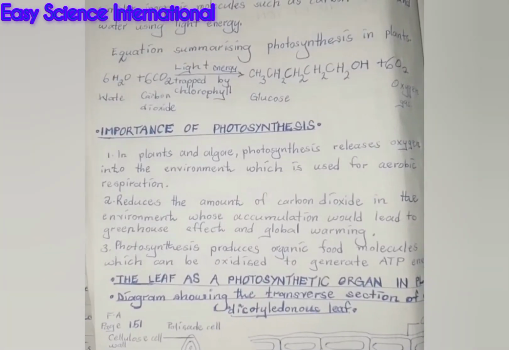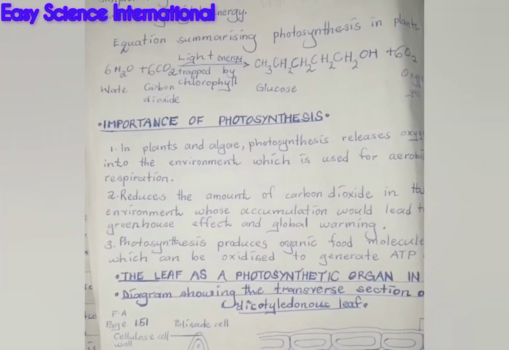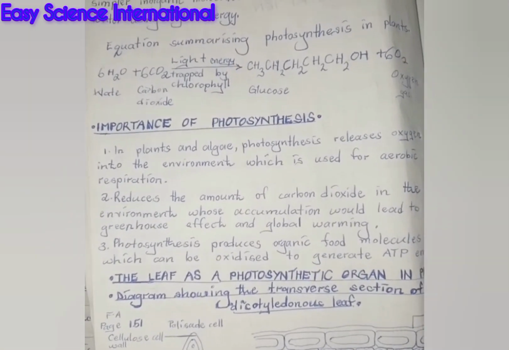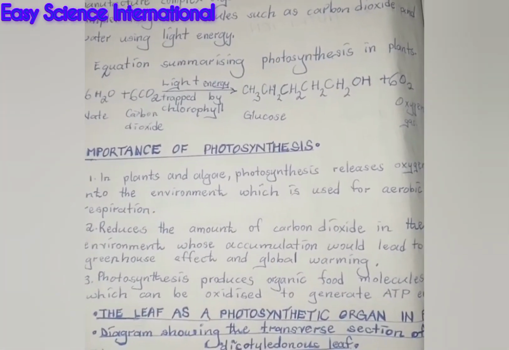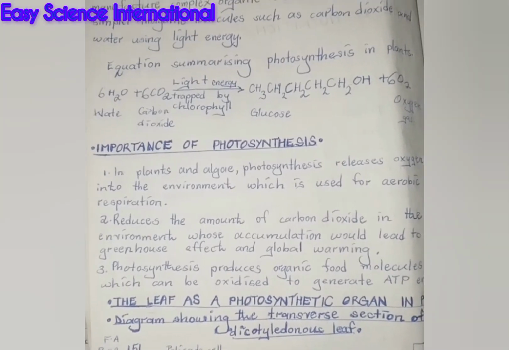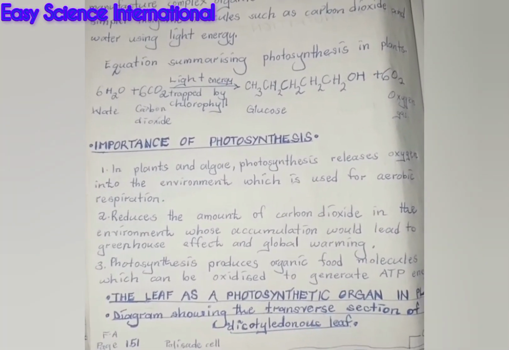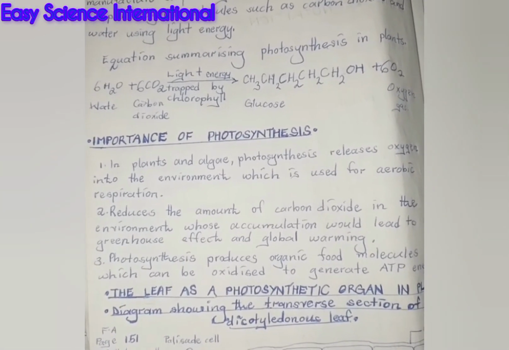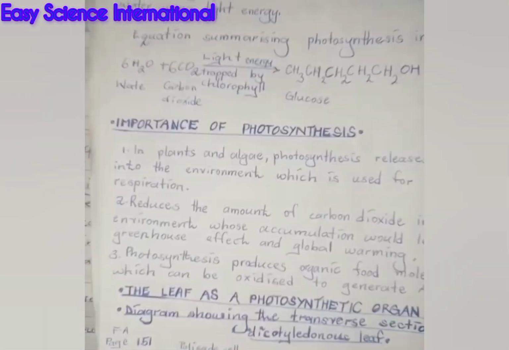And it is according to this equation, the equation summarizing photosynthesis in plants. We have 6 molecules of water combining with 6 molecules of carbon dioxide gas in the presence of light energy trapped by chlorophyll to give us glucose and 6 molecules of the byproduct, which is oxygen gas.